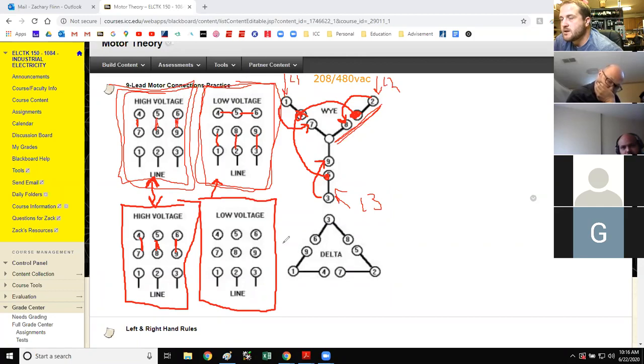Parallel. So I have this delta 9 lead motor, 3-phase, and I have 208 in my garage I need to hook up to this motor. That means I need to parallel these windings. What I always tell people is put this thing into 3 sets of triangles. You see the 3 triangles?